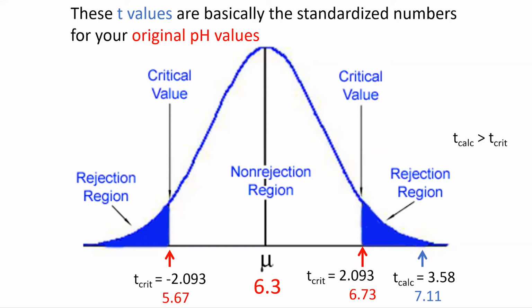So if we were to look at these red numbers here, that's essentially what we're saying. The mean is 6.3 plus 2.093 standard deviations would be 6.73, minus 2.093 standard deviations would be 5.67. But our actual sample mean is 7.11, which is 3.58 standard deviation units from the mean.